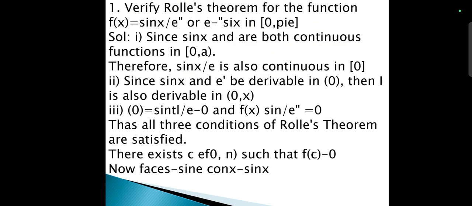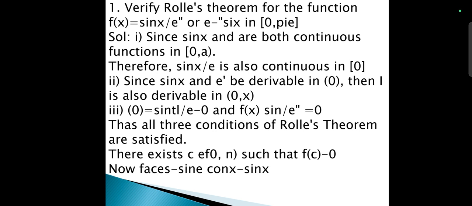Now we verify Rolle's theorem for the function f of x is equal to e power x sin x in 0 to pi. Solution. Since sin x and e power x are both continuous functions in the interval 0 to pi, therefore sin x times e power x is also continuous.